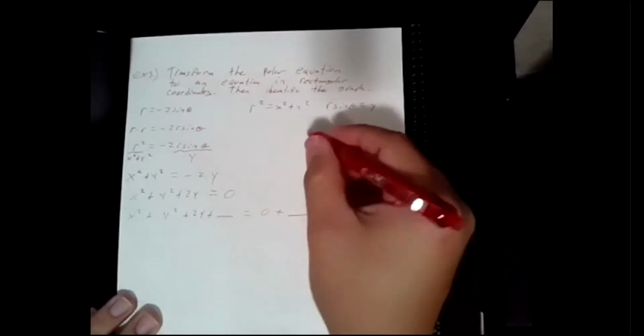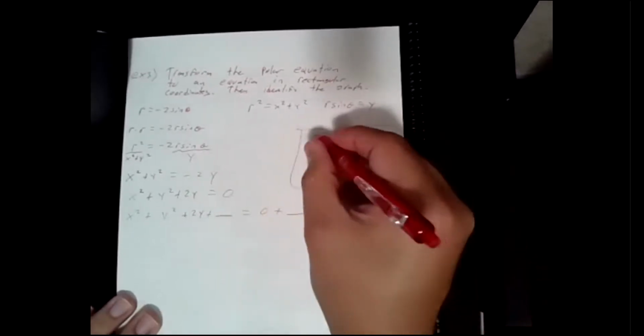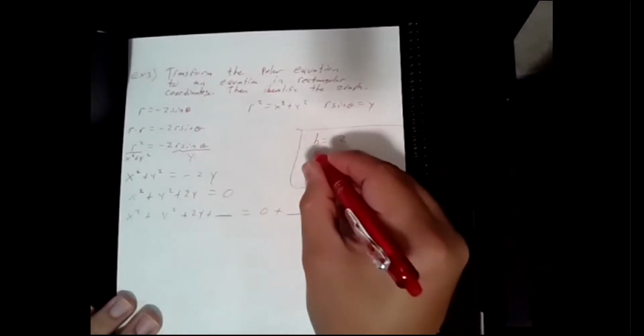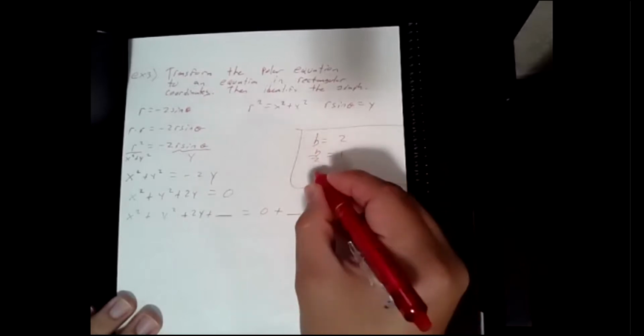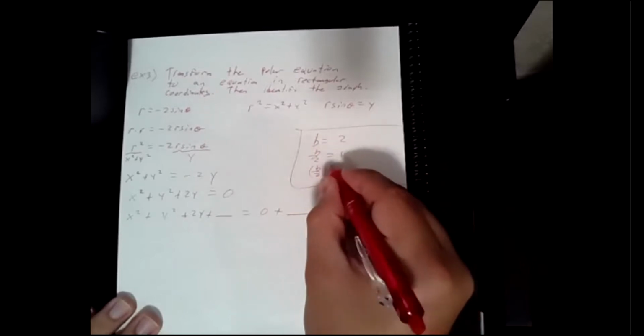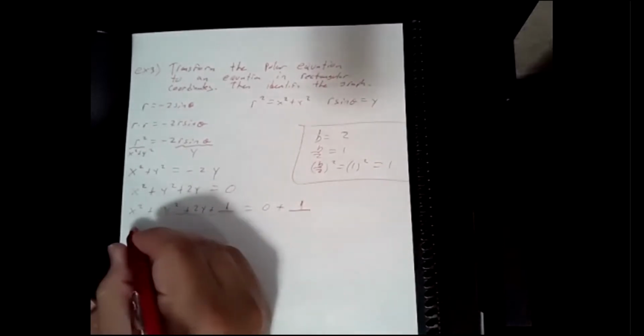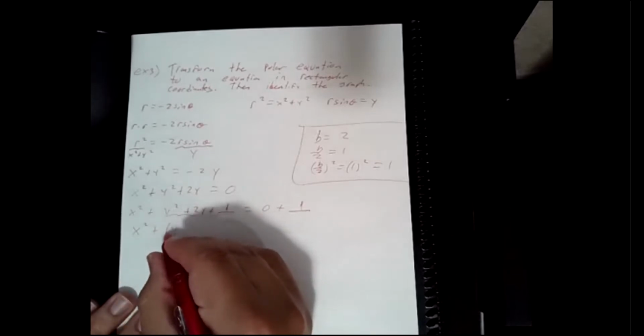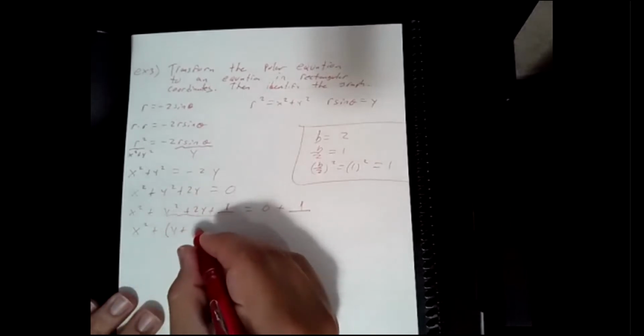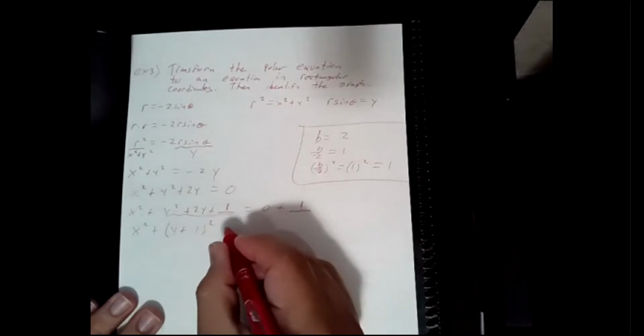So let's just do our little side work here. b is 2. b over 2 is 1. b over 2 squared is 1 squared. So I'm going to add 1 to both sides. So now this will be a perfect square, which means you can factor it into this. That's all that means.